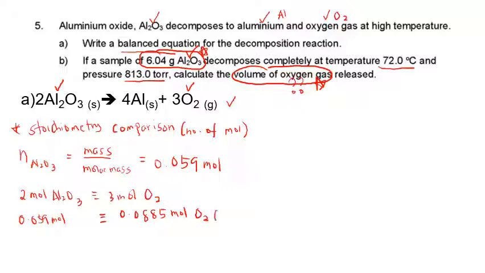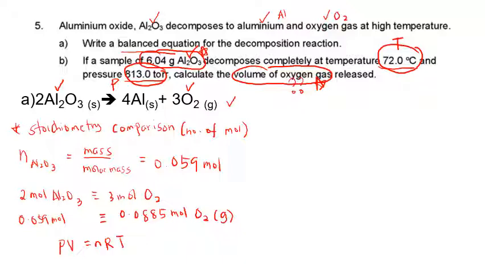Because oxygen is a gas, and in the question you are given temperature and pressure, we need to find out the volume. In this case, we are not going to use Boyle's law, Charles' law, or even Avogadro's law. Instead, the ideal gas equation is more appropriate, PV equals nRT.